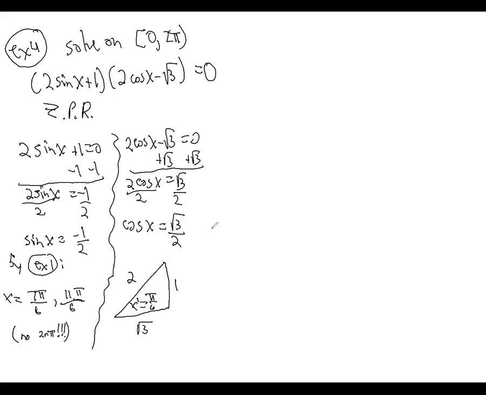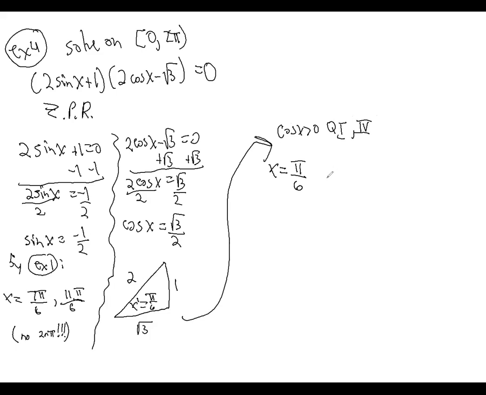This was positive, so by a smart trig class, cosine is positive in quadrants when we're moving right, 1 and 4. So that means the reference angle is the first solution. So x equals pi over 6.